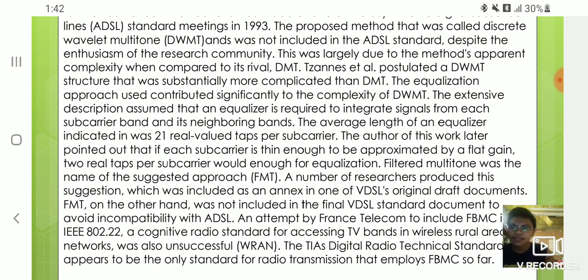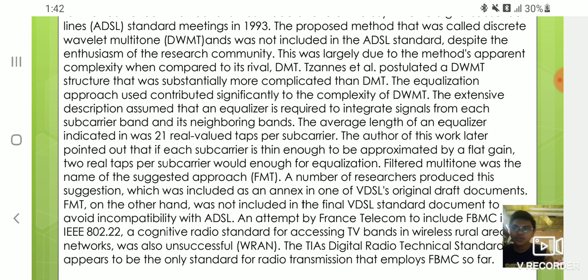The extensive description assumed that an equalizer is required to integrate signals from each subcarrier band and its neighboring bands. The average length of an equalizer indicated was 21 real valued taps per subcarrier. The author of this work later pointed out that if each subcarrier is thin enough to be approximated by a flat gain, 2 real taps per subcarrier would be enough for equalization.